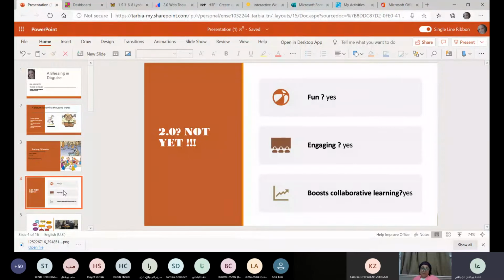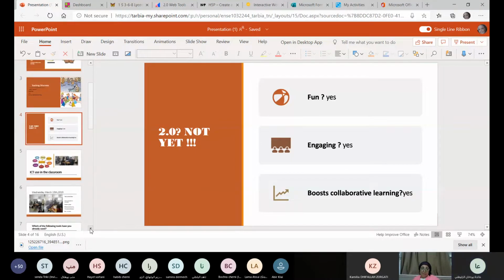The rest of the other groups. Now, is it fun? I dare say yes, because I already experienced it with my students. Engaging, yes. Boost collaborative learning, definitely yes. I move on to the next slide.